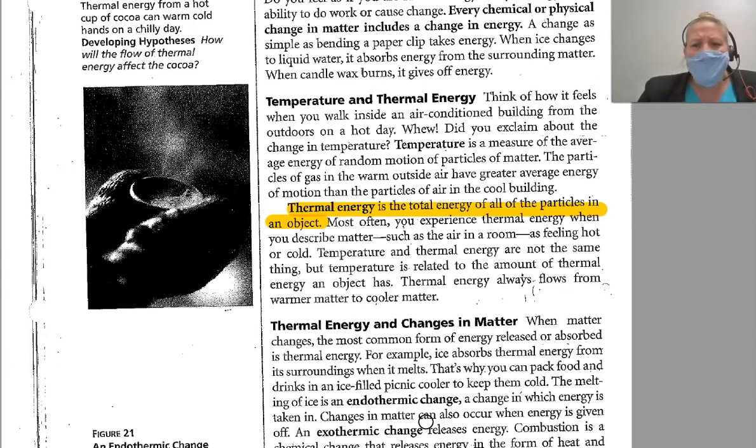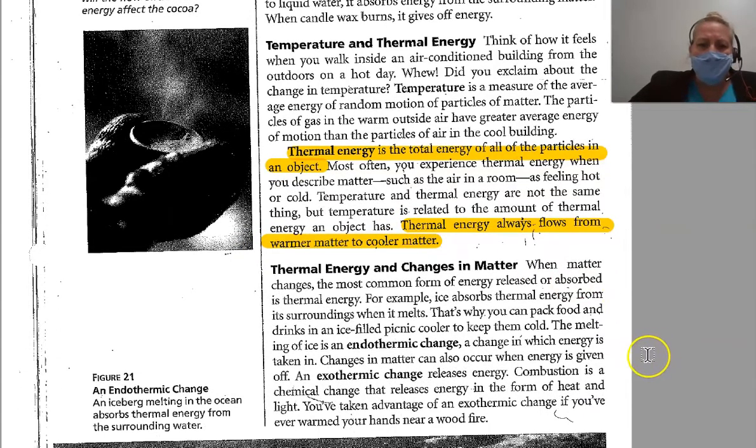Temperature and thermal energy are not the same, but temperature is related to the amount of thermal energy an object has. Thermal energy always flows from warmer to cooler objects. This is very important. Thermal energy always flows from warmer matter to cooler matter. So in the example of the hot cocoa, the cocoa is hotter than your hands, so the energy is going to flow from the hot cocoa to your hands. Okay?